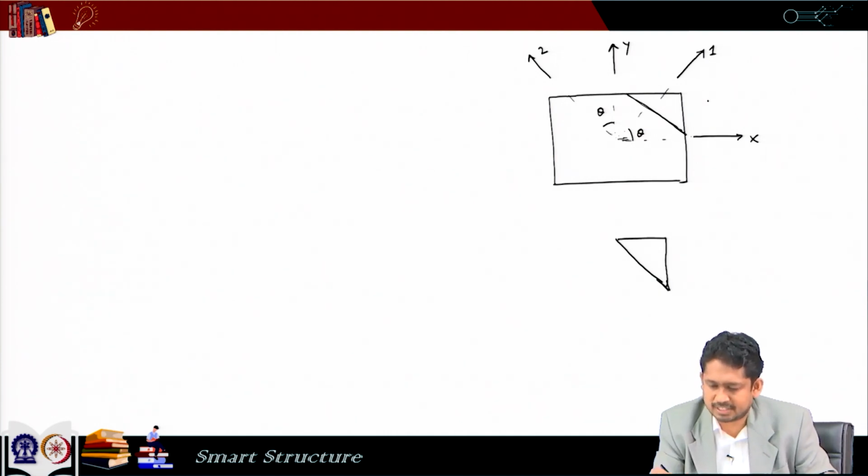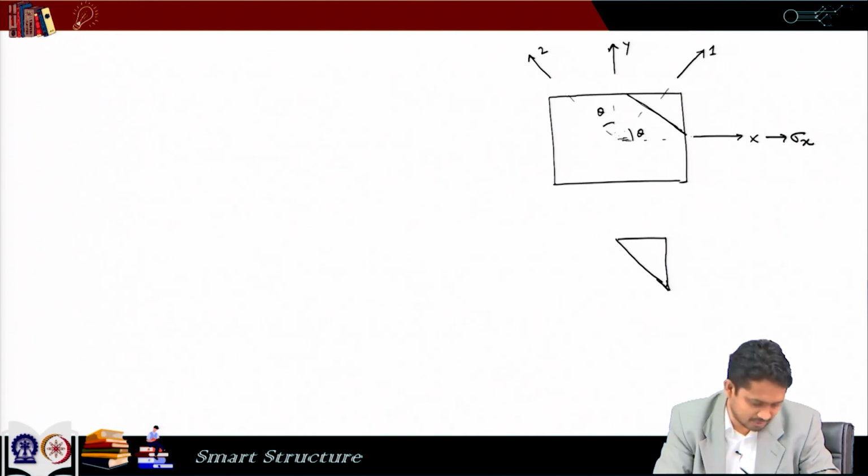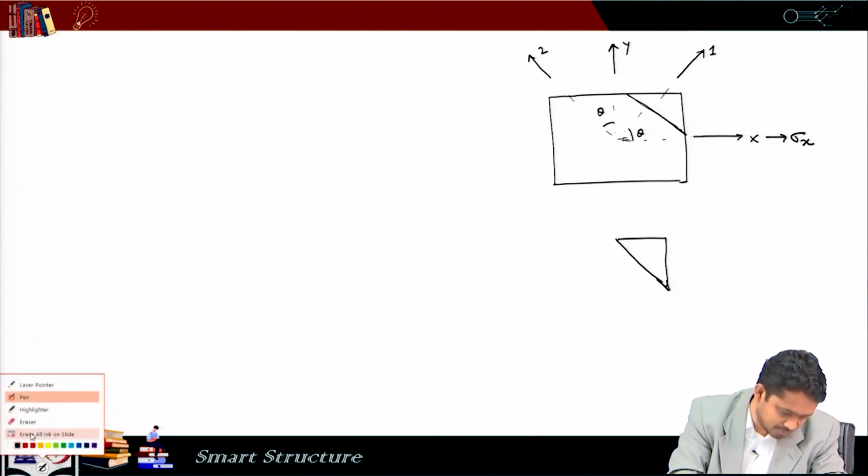So, if we look at this ply, then with respect to the x y system we have sigma x along this direction. Let us use a different color to show the stresses.